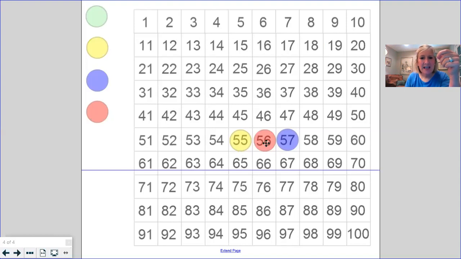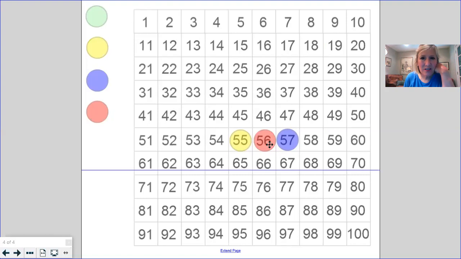So let's say I had my 56 cents that I started with, and someone gave me this dime. I'm going to add 10 more. My number is going to get bigger because I'm adding on. Now, here's the cool thing.